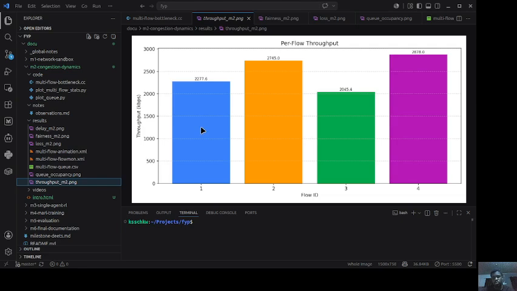Flow 1, Reno, got about 2.28 Mbps. Flow 2, CUBIC, got about 2.74 Mbps. Flow 3 got about 2.05 Mbps. Flow 3 is BBR, the new one I added, and flow 4 got about 2.88 Mbps.